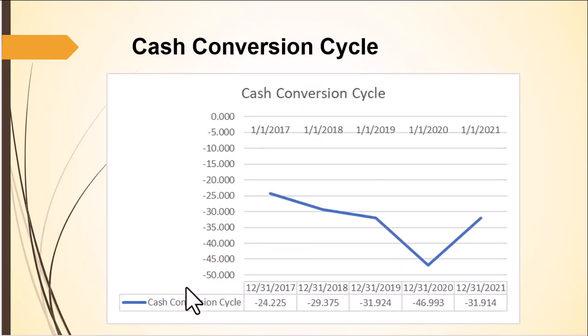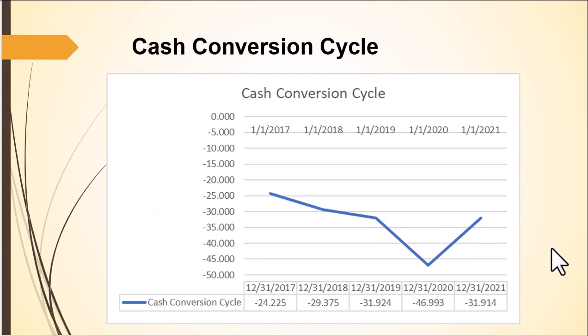The conversion cycle is a combination of those ideas, right? So it looks at, on average, how long does it take us to get paid for things and how long does it take for us to pay for them. So it is a combination: days sales outstanding, days carry inventory, and the accounts payable ratio. And we can see here that the number is negative.